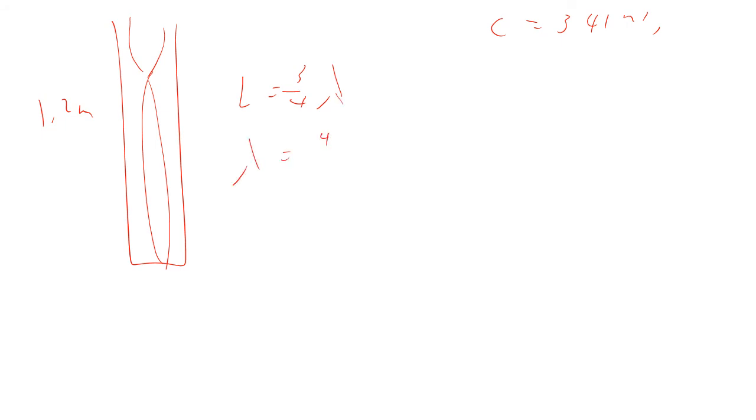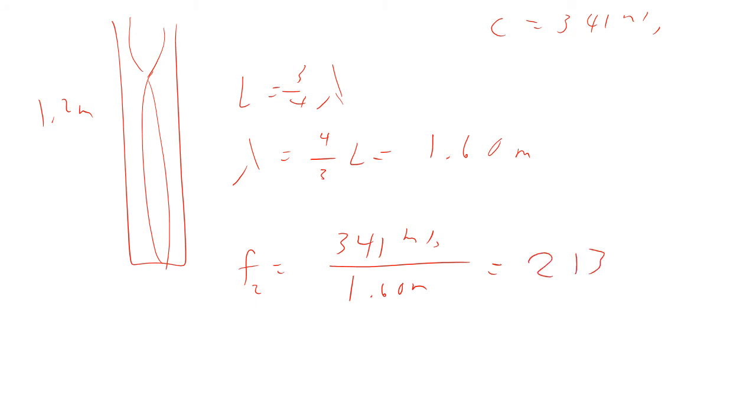That means the wavelength is 4/3 of the length, so that would be 1.6 meters. So the second harmonic frequency will be 341 meters per second divided by 1.6 meters. 341 divided by 1.6 comes out to be 213 hertz.